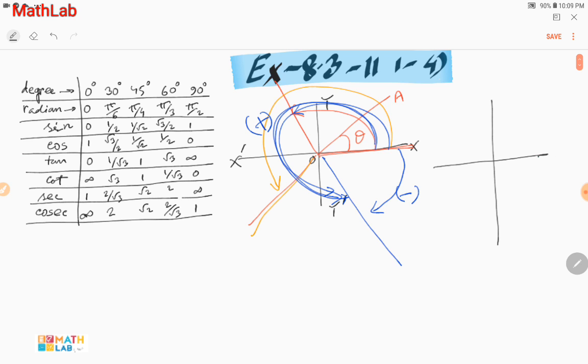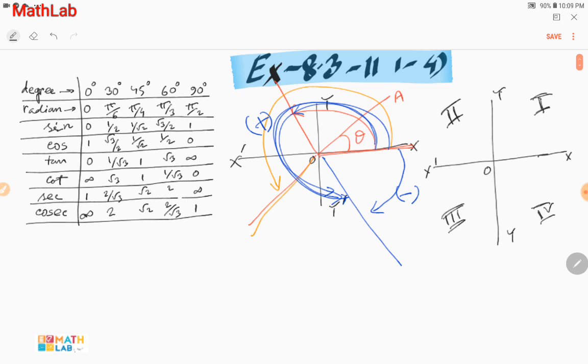Okay, so now we have to learn about trigonometric ratios, for which quadrant the trigonometric ratios are positive. Everyone, we know that this is the first quadrant, this is the second quadrant, this is the third, and that will be the fourth. Your quadrants also go anti-clockwise: first, second, third, and fourth.